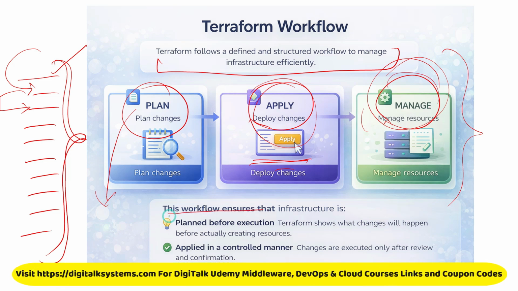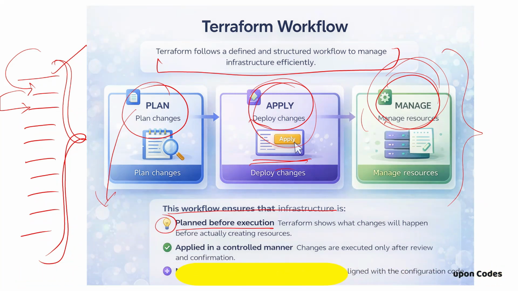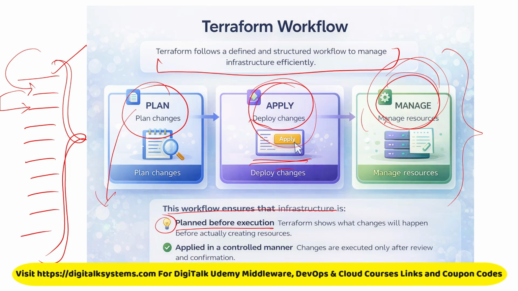This workflow ensures that infrastructure is planned before execution. Before jumping into the creation of resources, we do proper planning of what resources we are going to create. Once we have defined all the configurations, we can execute the plan to understand whether it is accurate according to our requirements.